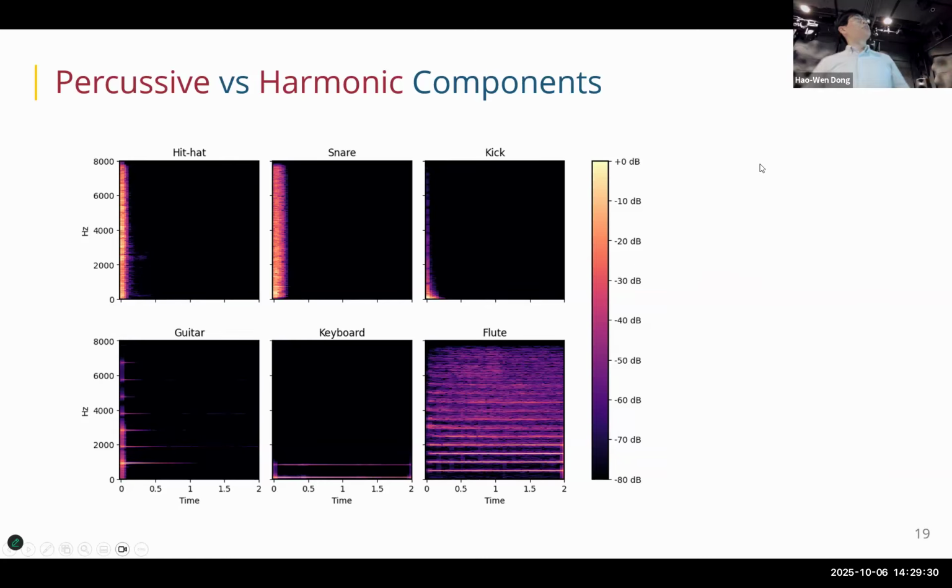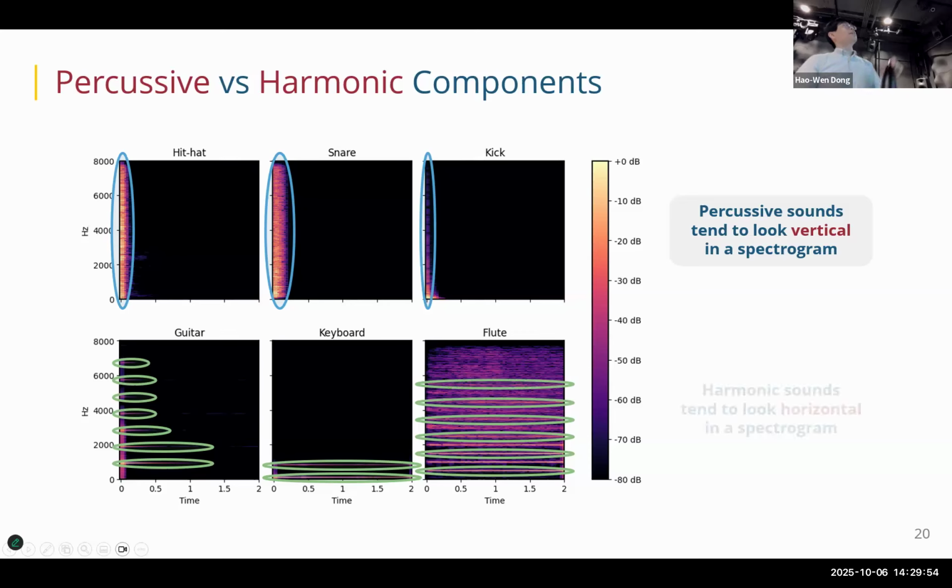But in this case, we are not doing that. We could just look at these different sounds. For these 3, these are percussions, and you will see that they are more vertical, in the sense that it's more like noise. For guitar, keyboard, and flute, you will see horizontal harmonic stripes. So that's the idea of percussive versus harmonic components. Percussive sounds tend to look vertical in a spectrogram, and harmonic sounds tend to look horizontal in a spectrogram.